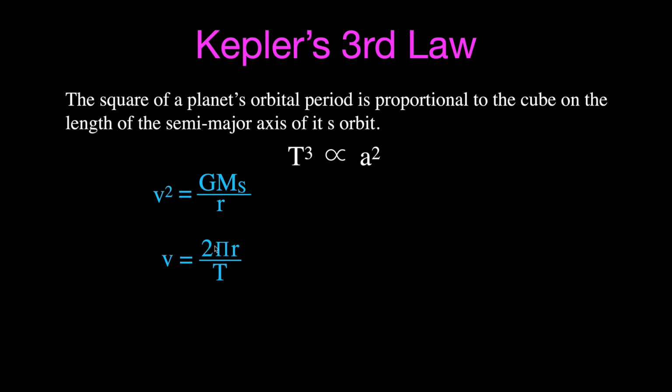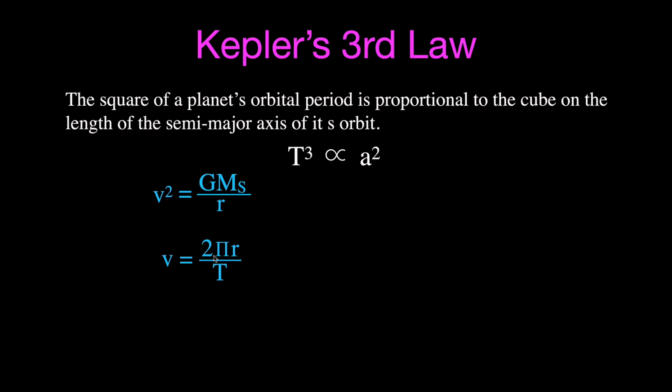Now, this 2 pi r is the circumference of the planet's orbit around the sun. Okay, so this is the distance that it travels, because 2 pi r is the equation for the circumference of a circle. And then we can divide that by the time, and when we take the distance divided by the time we get the velocity. So I can substitute this term in here for the velocity.